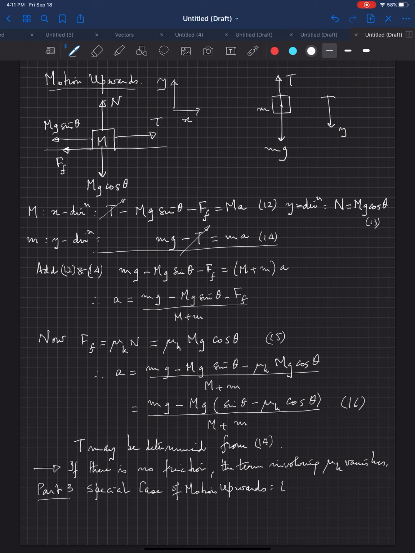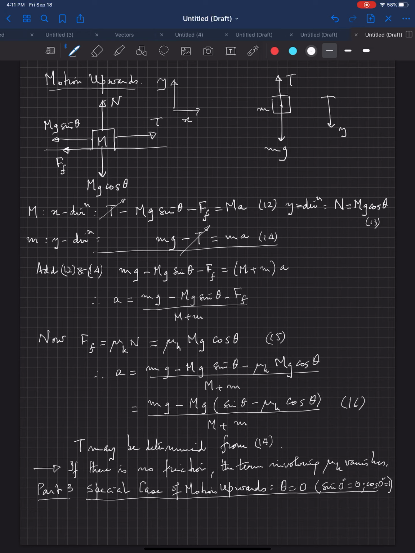That is, theta equals 0. Let me remind you that sine 0 degrees is equal to 0, and cosine 0 degrees equals 1. So this is a special case of motion upwards, for theta equals 0.